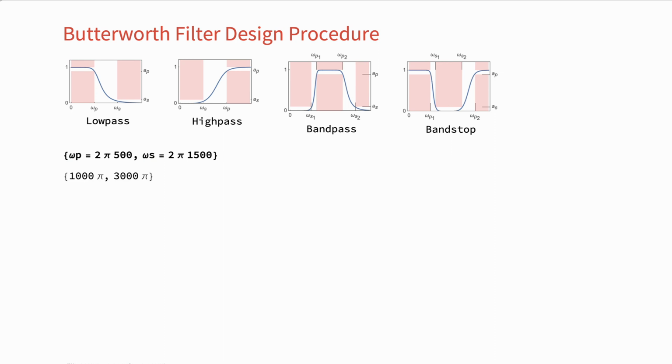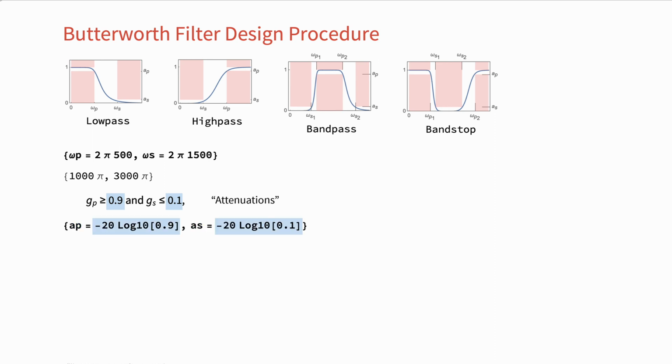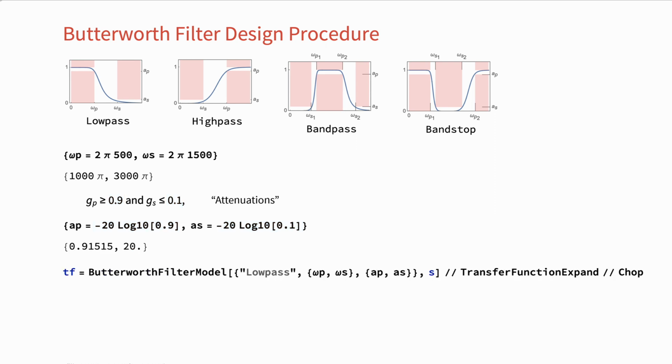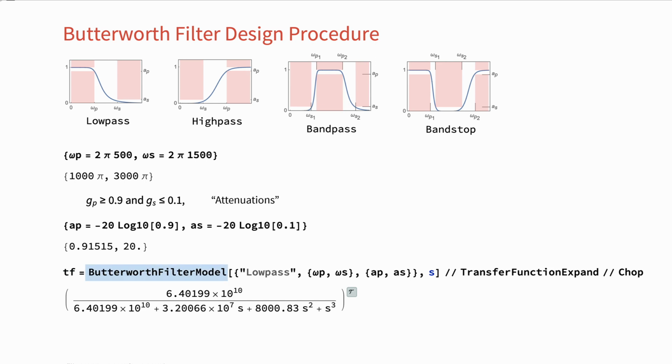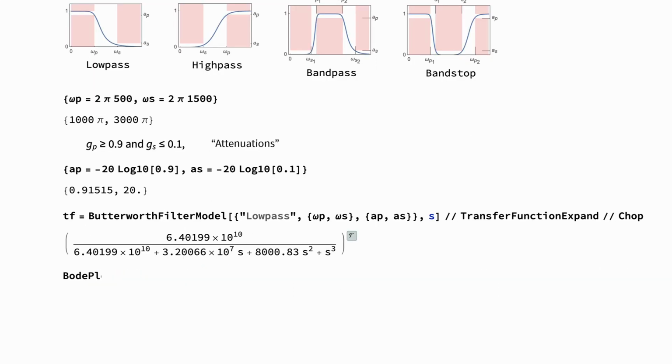Also, let's assume that the desired passband and stopband gains are as given here. These gain values, also known as attenuations, are usually specified as positive decibel values. With these specifications, we can put together the transfer function using the function ButterworthFilterModel in the Wolfram language. Here we show the frequency response of the model.